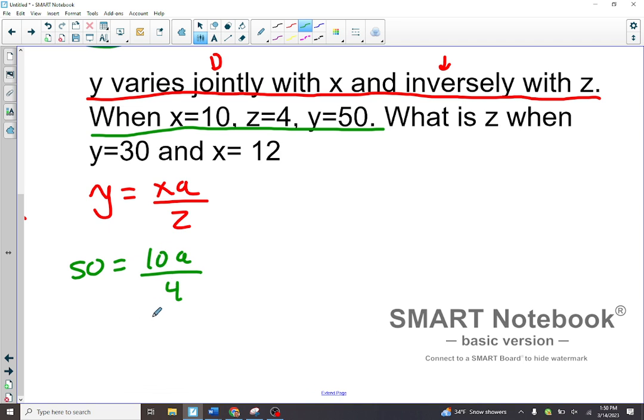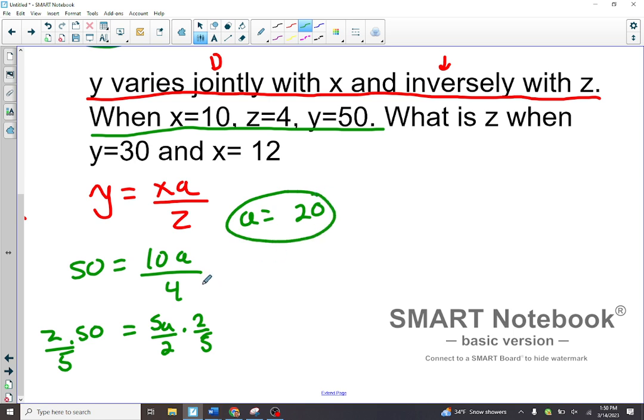So 10 divided by 4, 5a over 2, equals 50, times 2 over 5. So a equals 20. You can just multiply by 2 and then divide by 5, doing that in one move.